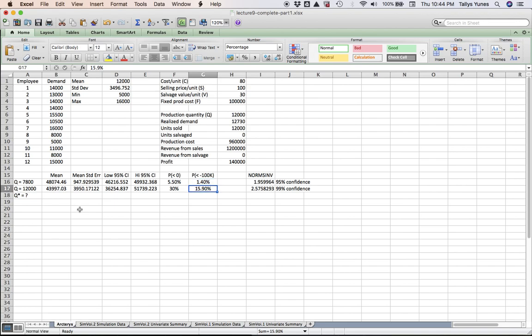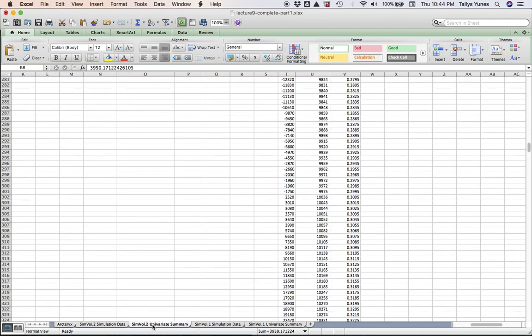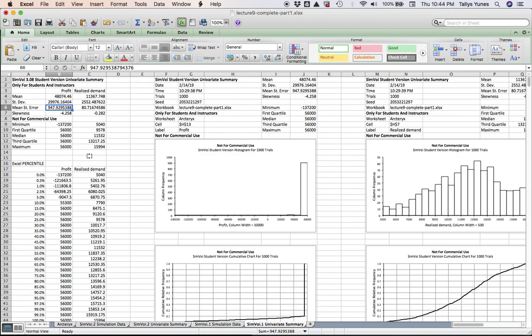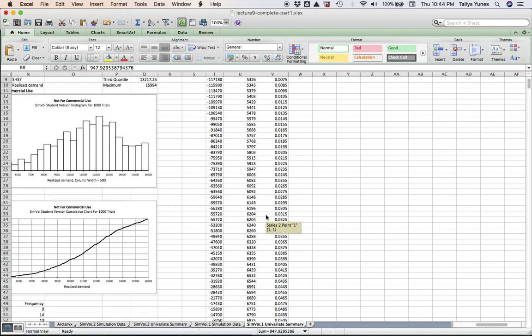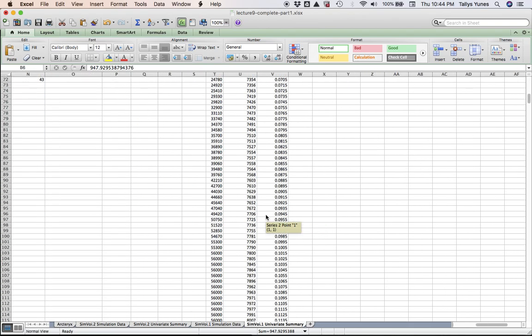Of course, if we want to look at the upside, what's the upside of this model here, is probably better than the upside of the 7800. Let's see. The 7800, the highest it goes is 56,000. So let's see, what is the chance of making more than 50,000 in the 7800 model?